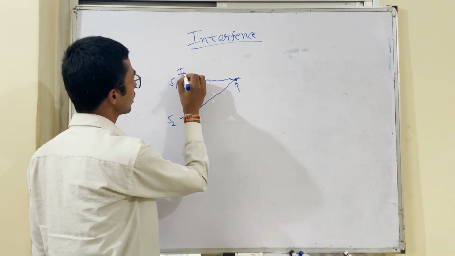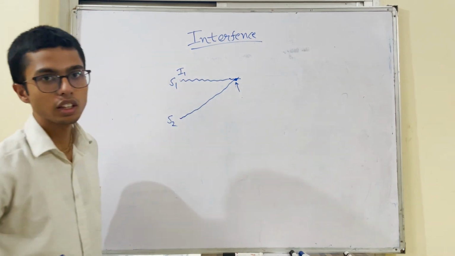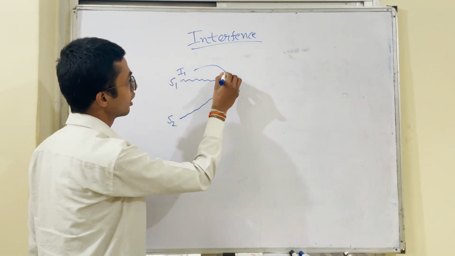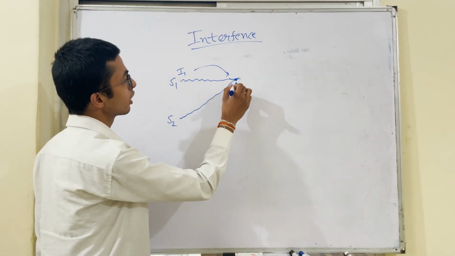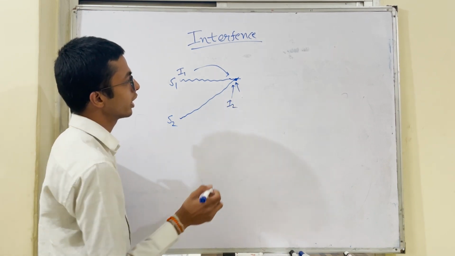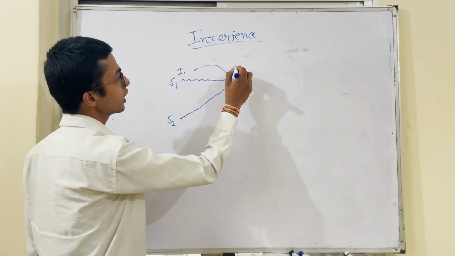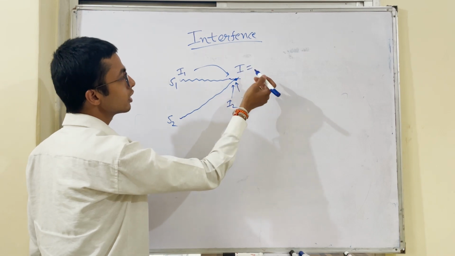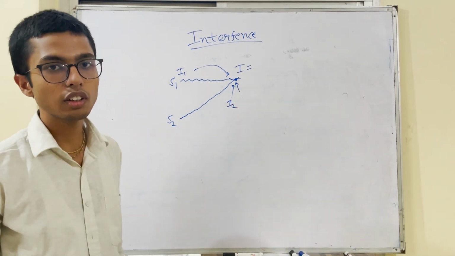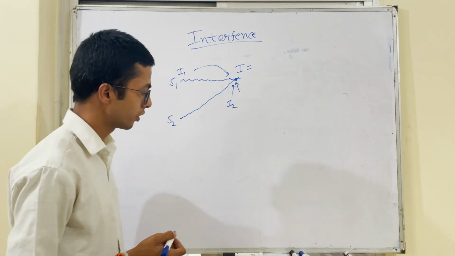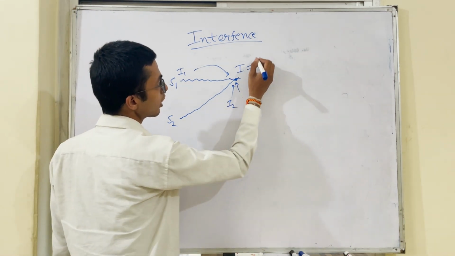The intensity of this wave is I1 at this point, and the intensity of this wave is I2 at this point. But the resultant intensity will be something else. We will see how we can find it.